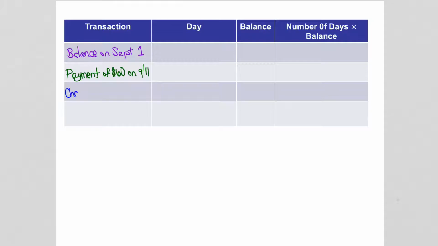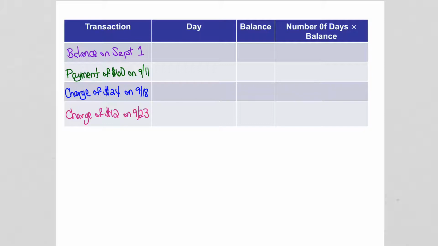Then we'll have to take off your charge of $24 on September 18th and your charge of $12 on September 23rd.